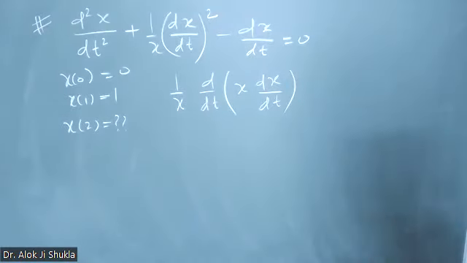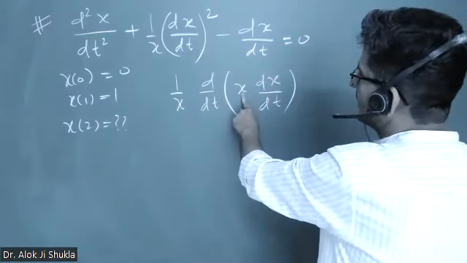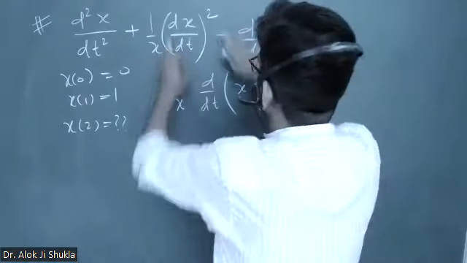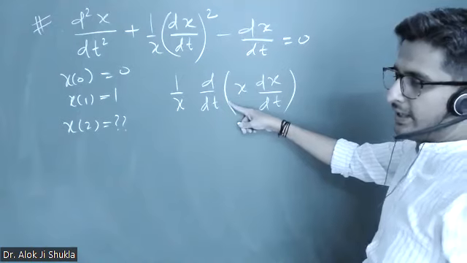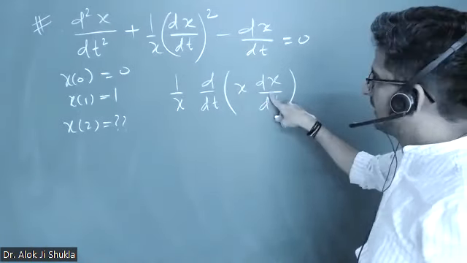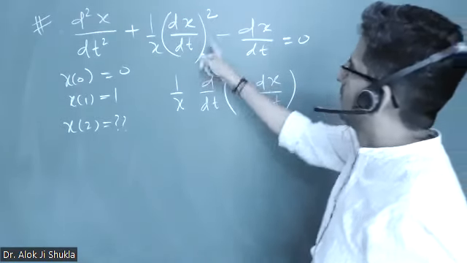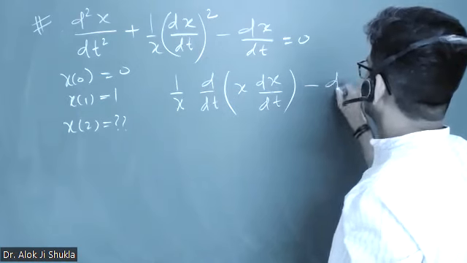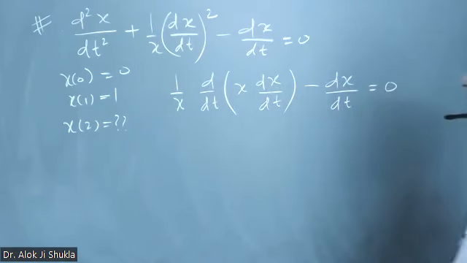Can you see that? And second derivative, differentiation of first, to jab bhi iska square karna ho to you should have x and dx by dt together derivative. So first function derivative of second will give you first term, and this function derivative of this will give you this, and then minus dx by dt is equal to 0. Ye zara samajhna sabhi log.